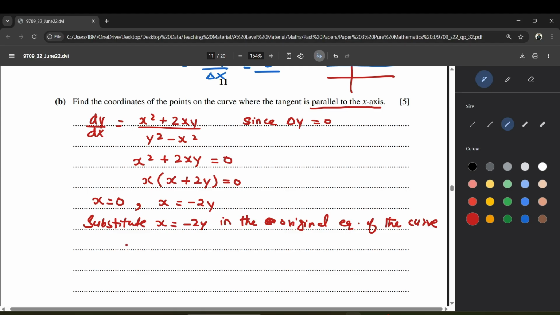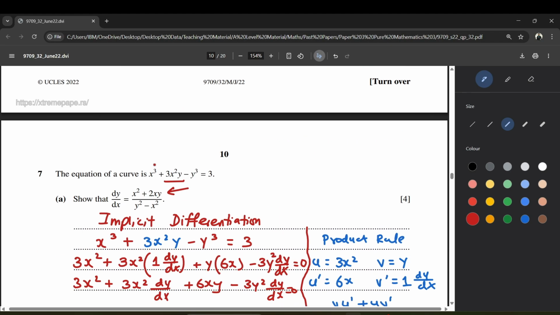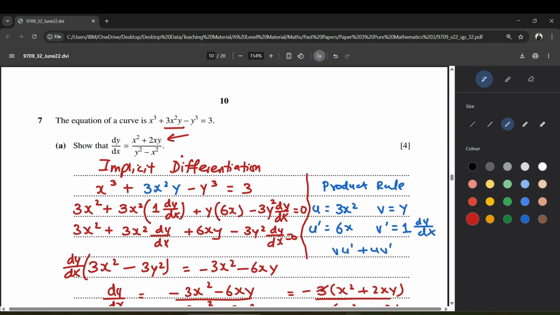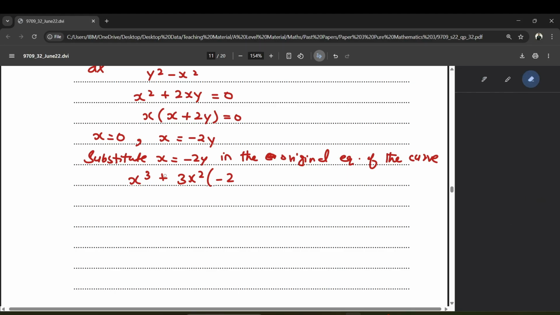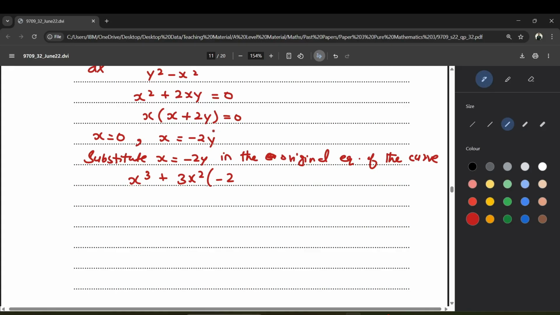All right, so the original equation is x cubed plus 3x squared times y, minus y cubed, oh, sorry, we have to substitute. That would require a lot of substitutions, wouldn't it? If I just substitute what y is instead, let's say y equals minus half x, then that would require me to do fewer substitutions, right?